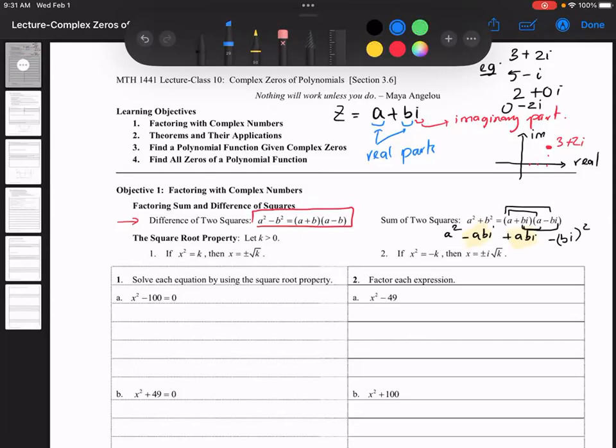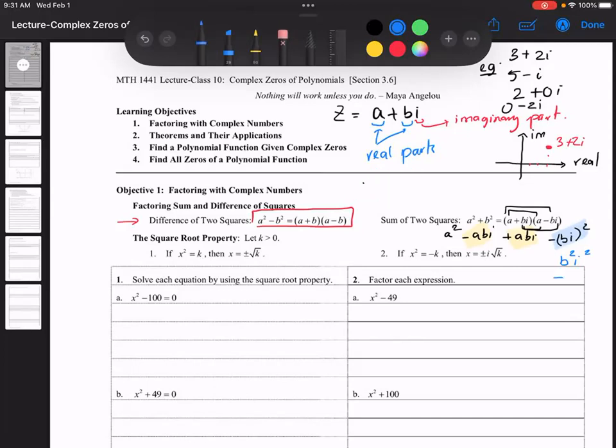What about this one? Well, that's going to be b squared, i squared. What does i squared equal? Yeah, -1. i equals the square root of -1, right? And you square both sides. i squared equals -1.